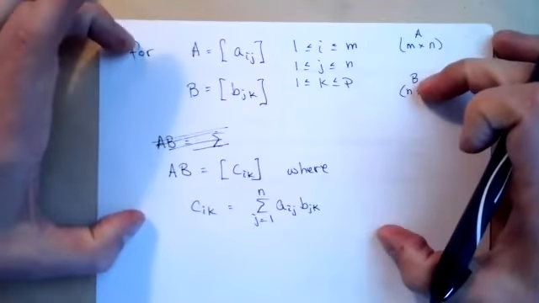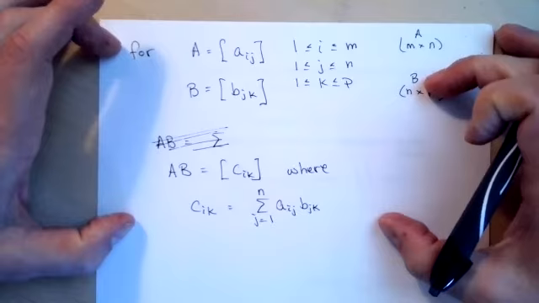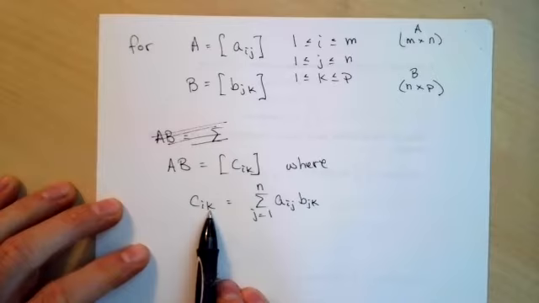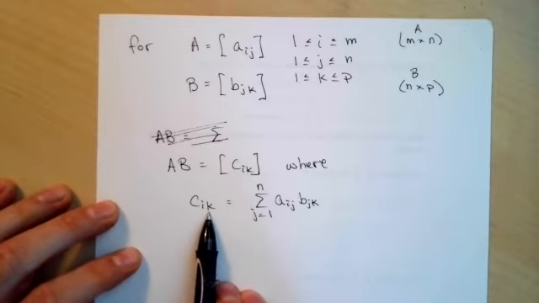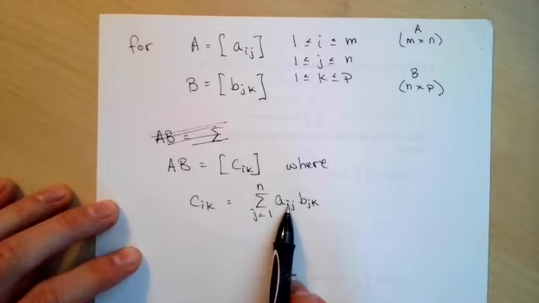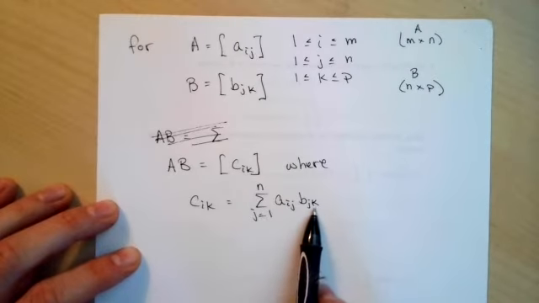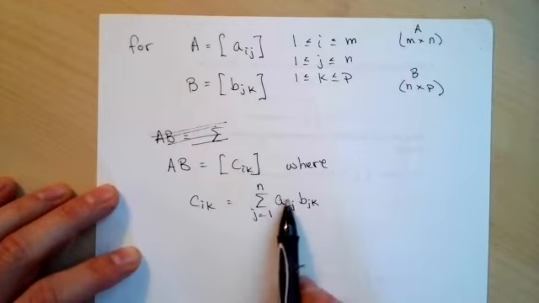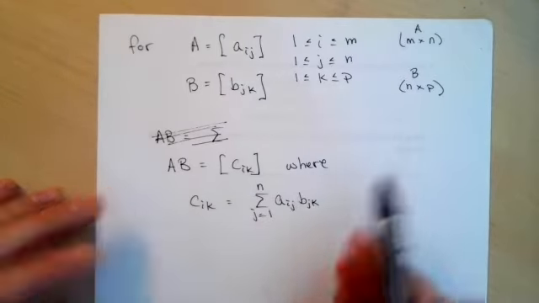This is just a formal mathematical way of describing the exact process we just did. So the ik entry, the ik position of the new matrix, we take the ith row of A, multiply it by the kth column of B, and then we add up the different positions.